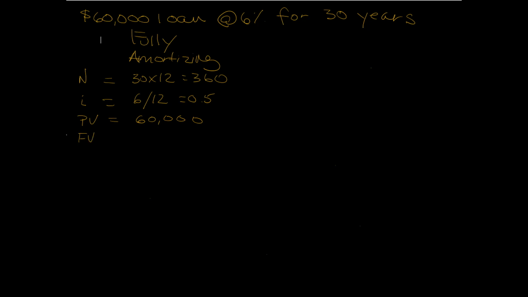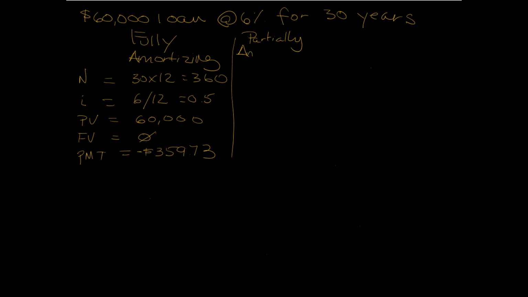The present value is still going to be $60,000, but because it's partially amortizing, the future value will be negative $40,000. It's negative because at the end of 30 years, we're going to have a cash outflow in the form of a balloon payment of $40,000. So now if we solve for payments, we're going to get a payment of negative $319.91. So you should notice that this is less than the payment on the fully amortizing loan, which makes sense because the payment is not enough to fully repay the loan over the 30-year term.